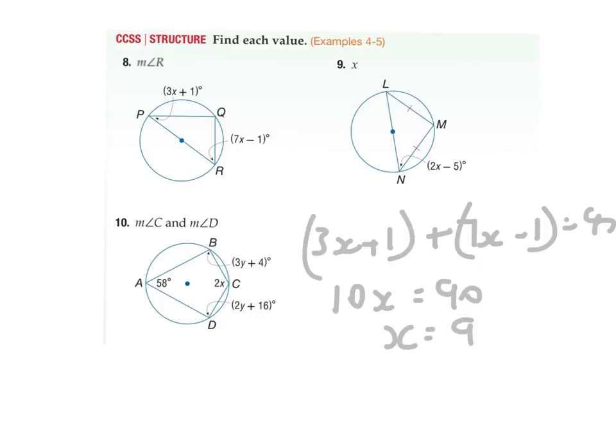Okay, plug it back in again. 3 times 9 is 27, plus the 1 is 28. And 7 nines is 63, take away 1 is 62. And if you add these two together, you indeed do get 90, so you know your algebra is correct. So angle R, which is what we want, must be 62 degrees. Make sure you answer the question.